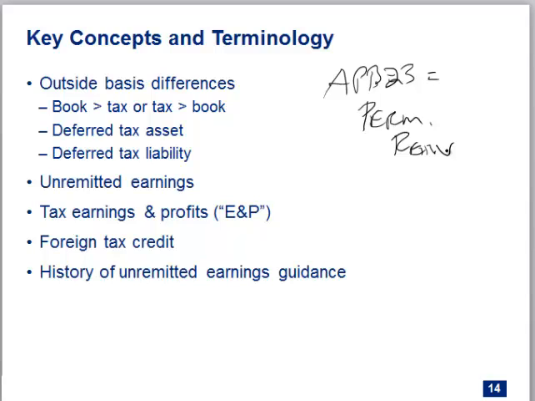And whether you define that profit as a basis difference, meaning I have a book basis in my stock of the foreign sub and I have a tax basis in the shares, so therefore I have a basis difference when I look at the shares of the sub, or sometimes people characterize it as I have unremitted earnings, or sometimes people say I have E&P, which is kind of the tax equivalent of earnings. In theory, all three of those things I just highlighted could be the same. They might be different.